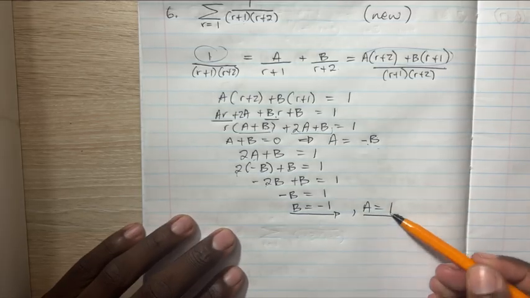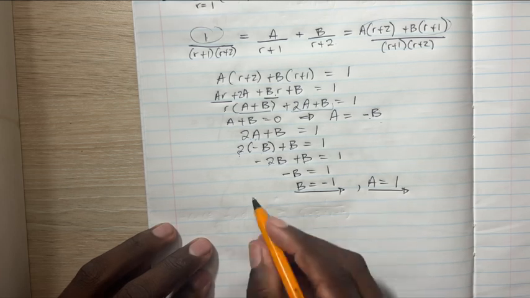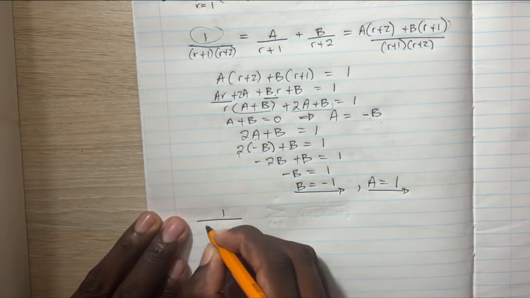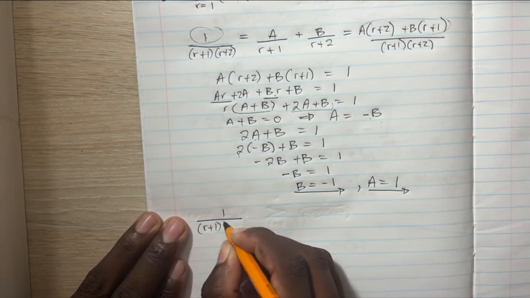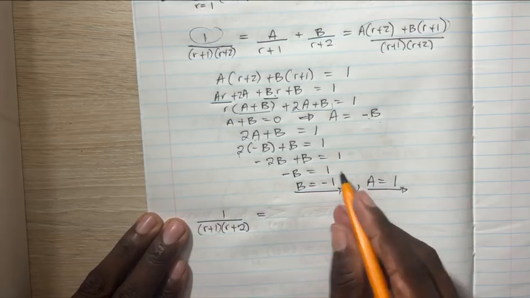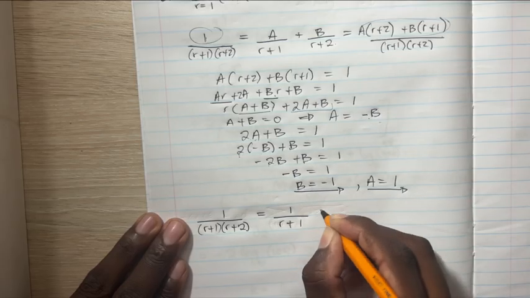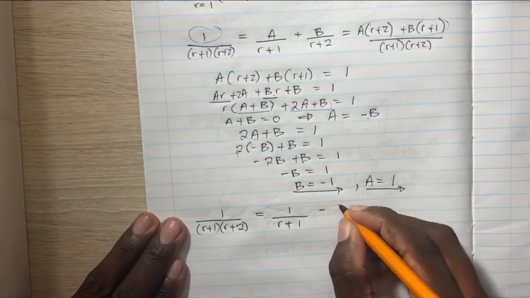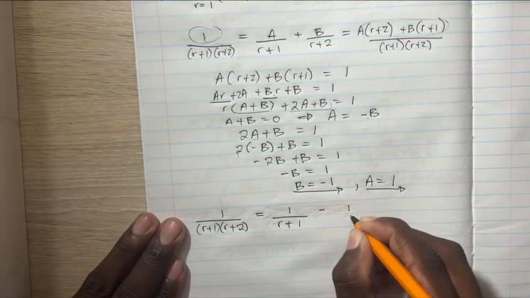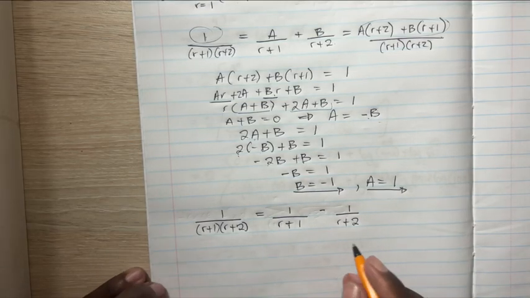Now let's go build our thingy. That means we have 1 over r plus 1, r plus 2 is equal to a is 1 over r plus 1 minus, b is minus 1, that's why I'm putting the minus 1 over r plus 2. Yep.